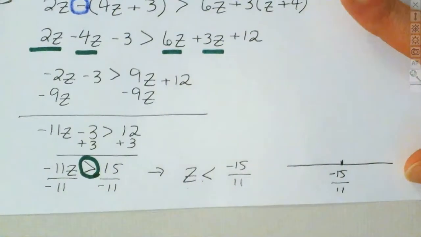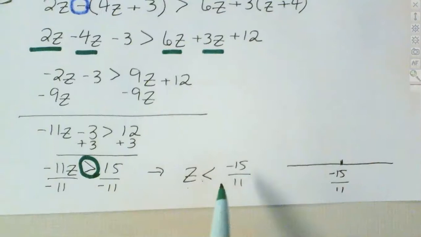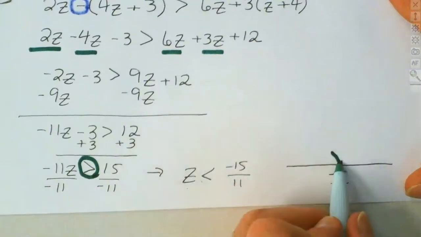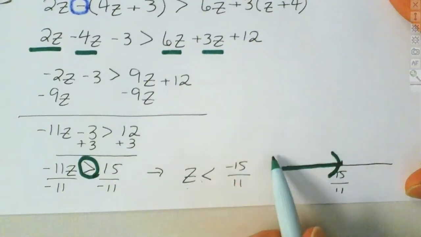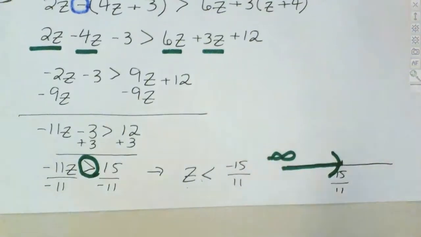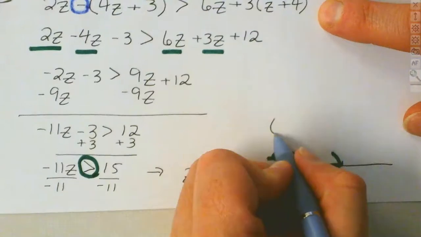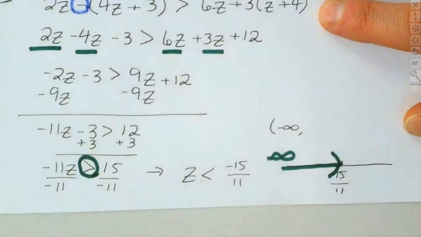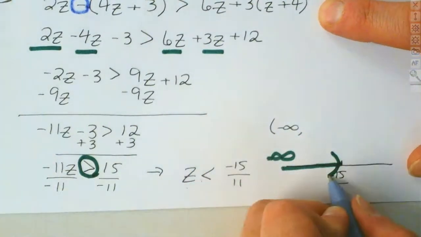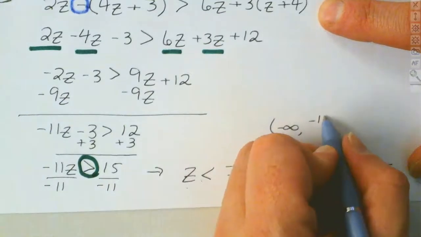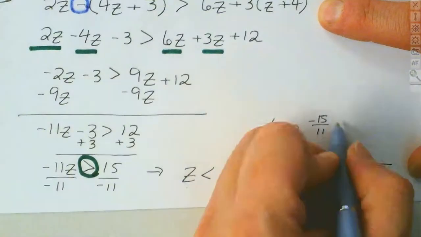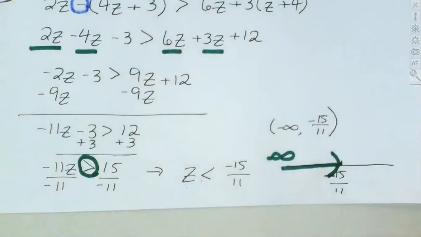It's pointing to the left, so that's the way that we shade. And we're going to use parentheses. And where does it go to? Negative infinity. So what does my answer look like now? It looks like negative infinity to, make sure you see the negative sign there, negative 15 over 11. And it also gets parentheses there.